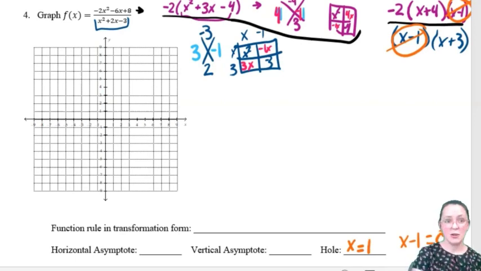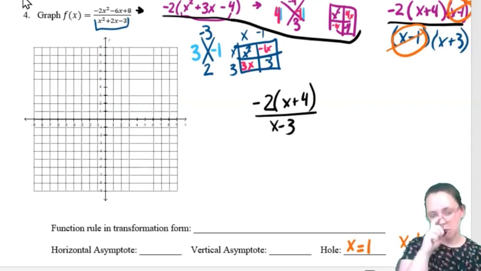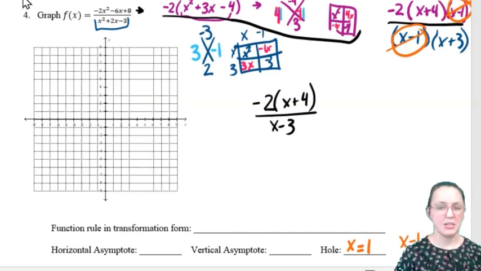So now let's get to our simplified form. And we have -2 times x plus 4 over x minus 3. Well, that's not our transformation form, so we've got a little bit more work to do. That means we're going to need to do our division. In order to do our long division, I need to simplify this top.